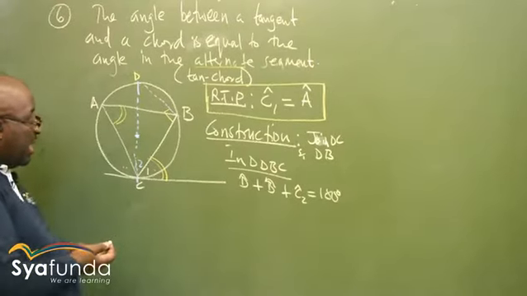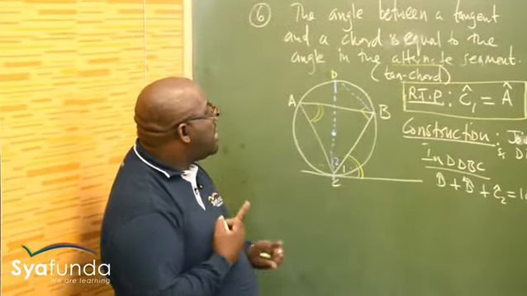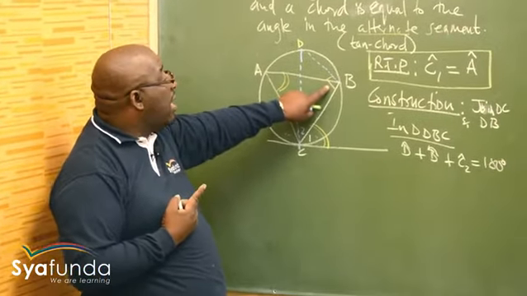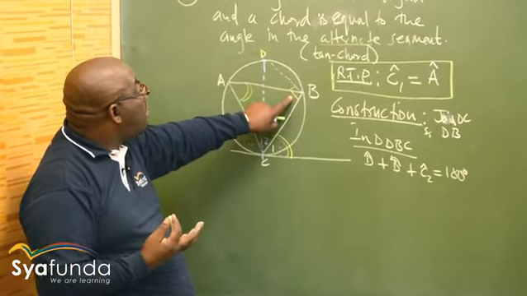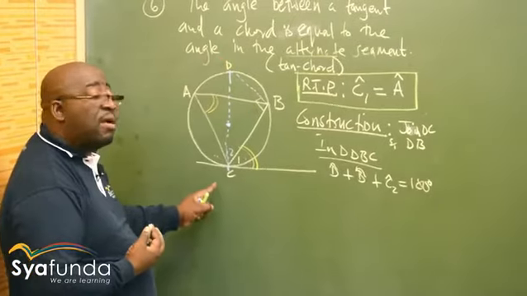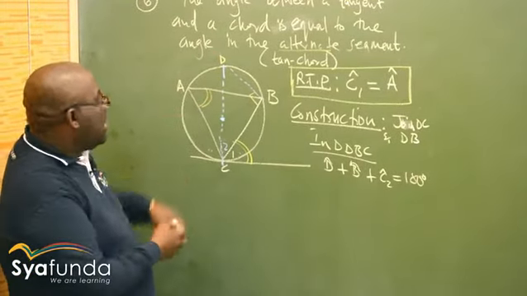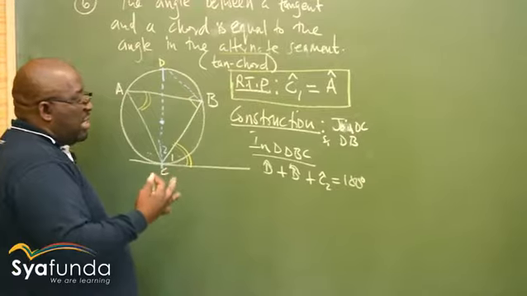Are there any angles that I know? Yes, there's one that I know. This angle, I know its value. It is 90 degrees. Where did you get that one from? From the fact that this was a diameter. Diameter forms 90 degrees. Angle subtended by the diameter is 90 degrees.